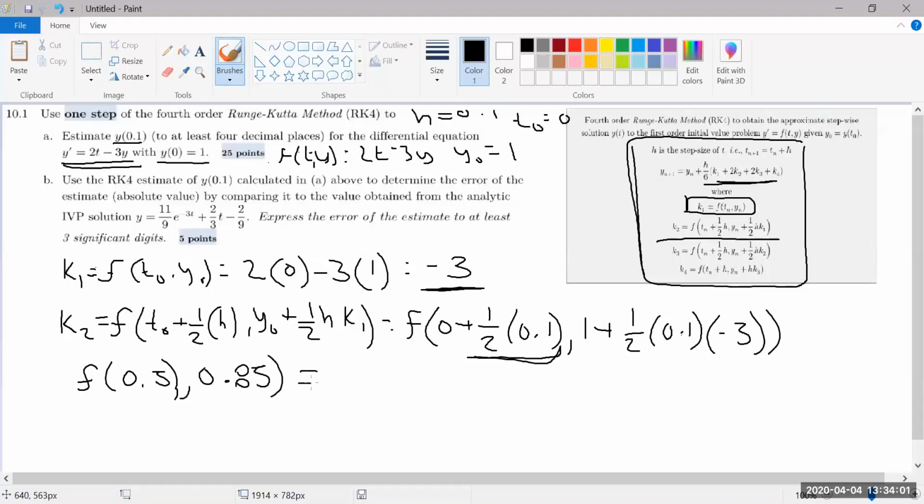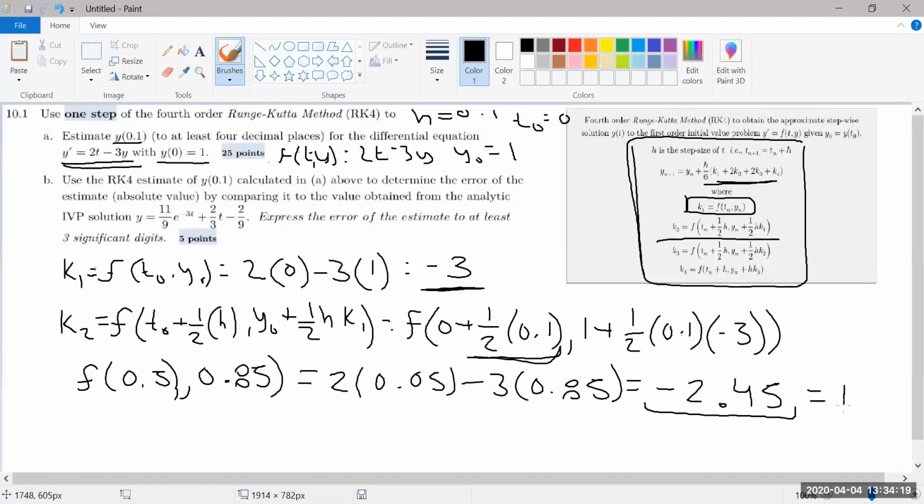Okay, and when you evaluate this function all the way through, you get 0.05 minus 3 times 0.85, and you should get negative 2.45. And that is your K2.